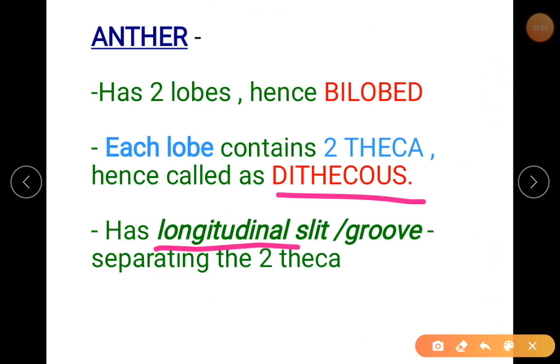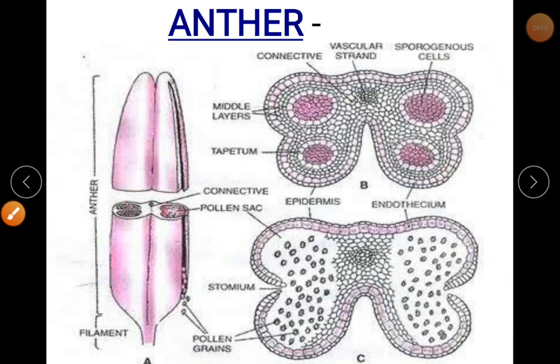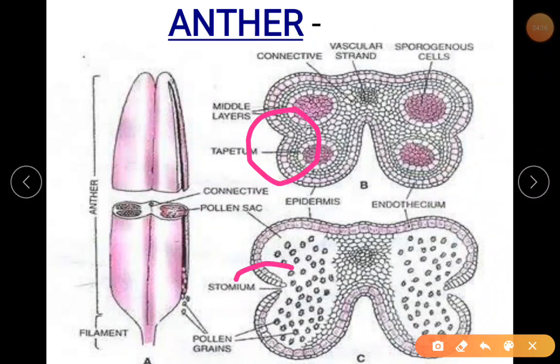It has a longitudinal slit or longitudinal groove separating the 2 theca. Now you understood, it is a slit or a groove that separates the 2 theca. So whatever I've told you, it looks like a lobe here. In between there is a depression which later forms your longitudinal slit. Why is it a slit?